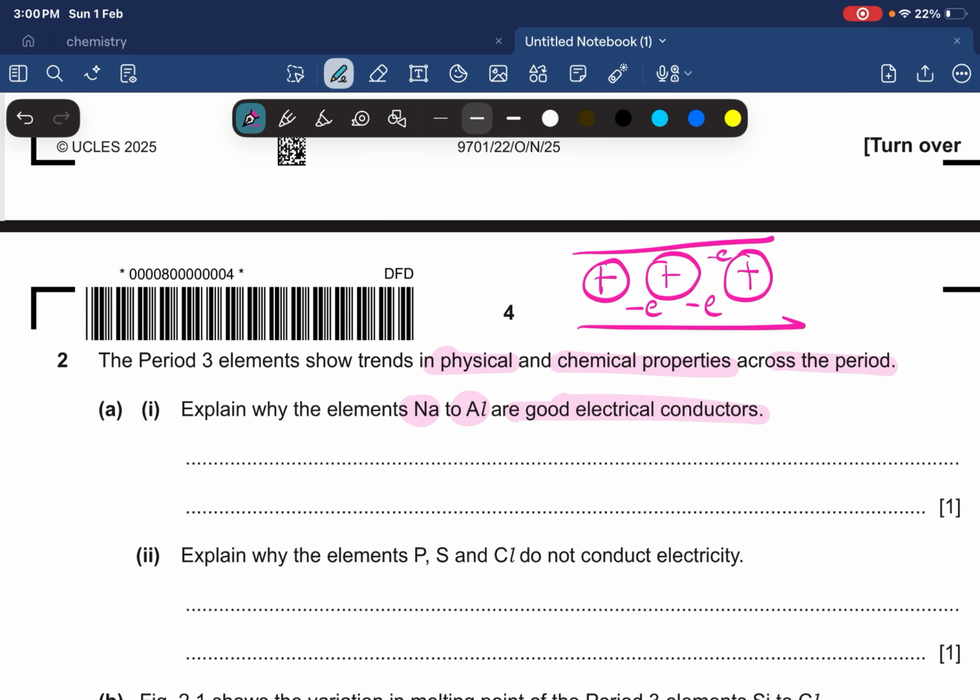So we're going to tell the examiner, why are sodium to aluminum good conductors?